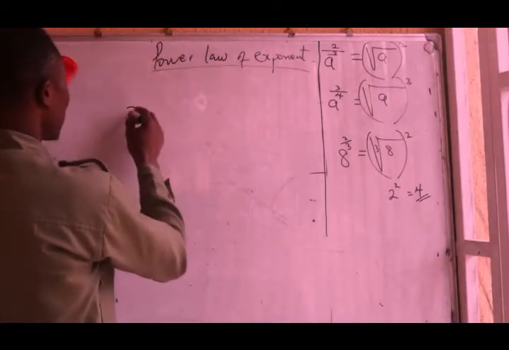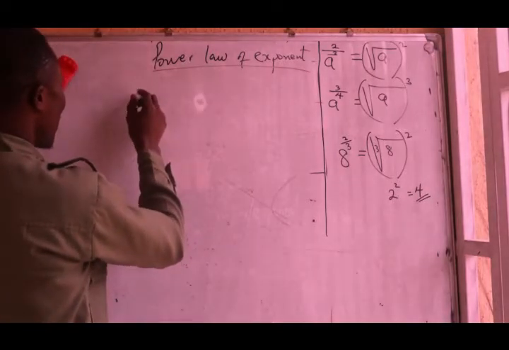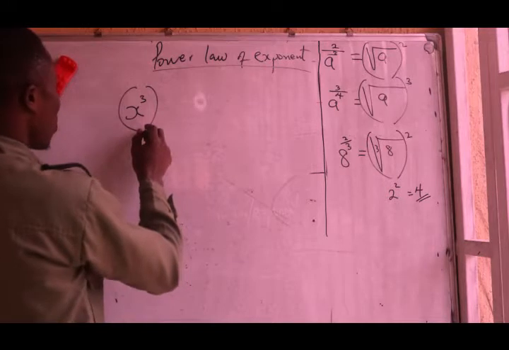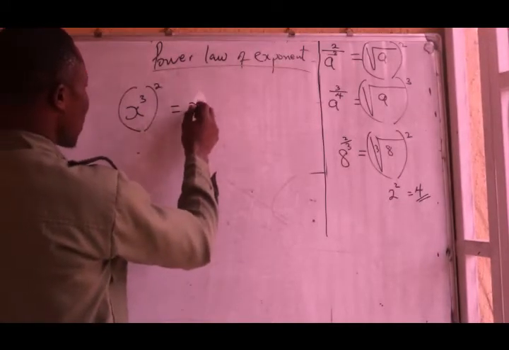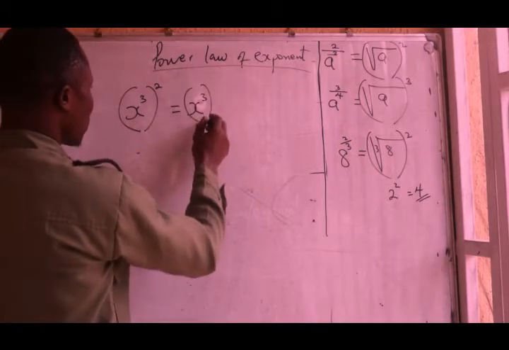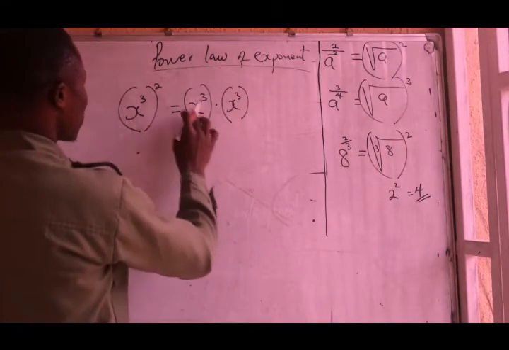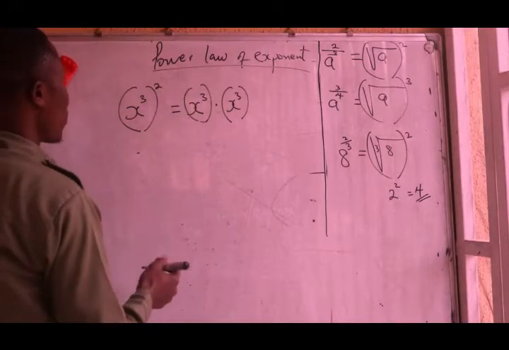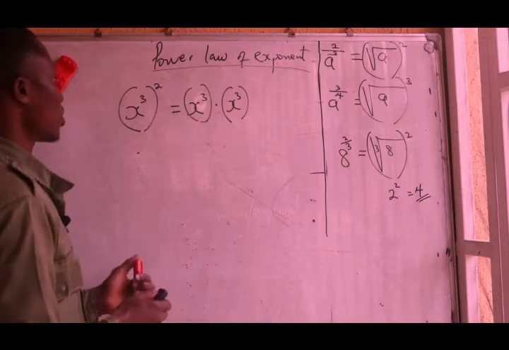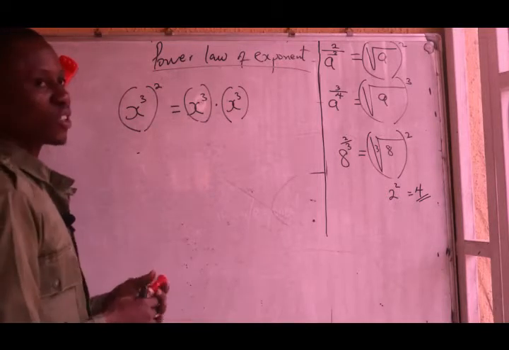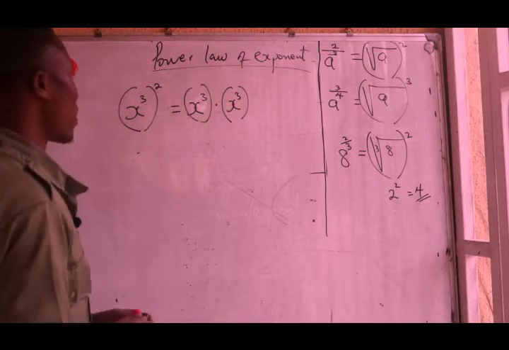So you have x raised to the power of 3 and all raised to the power of 2. Of course, you know this is the same thing as x cubed times x cubed, 2 times. Okay, remember that exponent is a way of saying that you should multiply a number of times as indicated by the power.